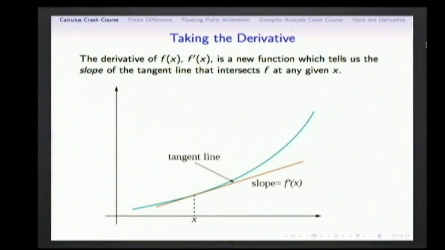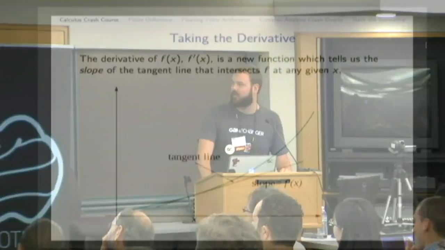The derivative of a function is essentially the slope of the tangent line which intersects the function at a given point. So the derivative is just a function that tells us the slope at every point. Here we have a graphic with a curved function and a straight line intersecting it at one point, x, and the slope of that line tells us the derivative. This is a little wishy-washy and geometrical.